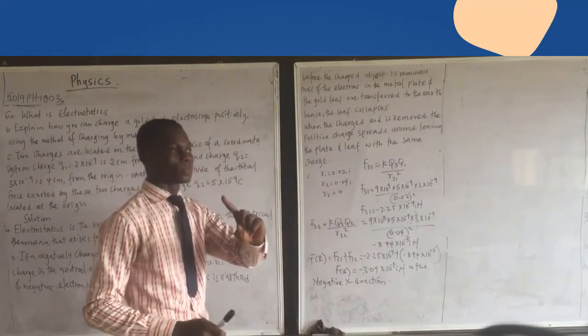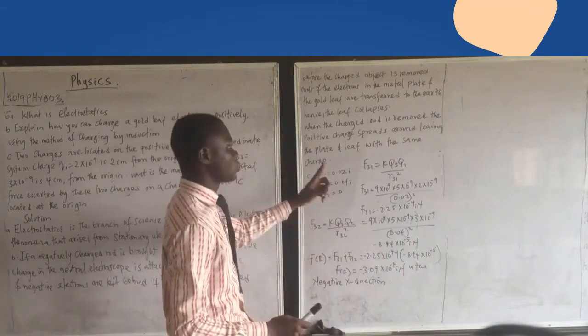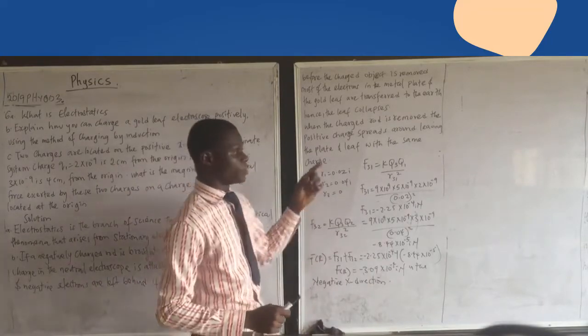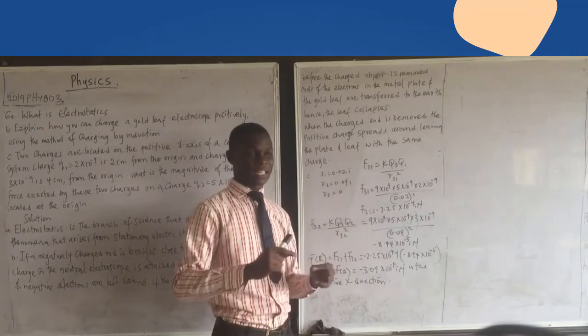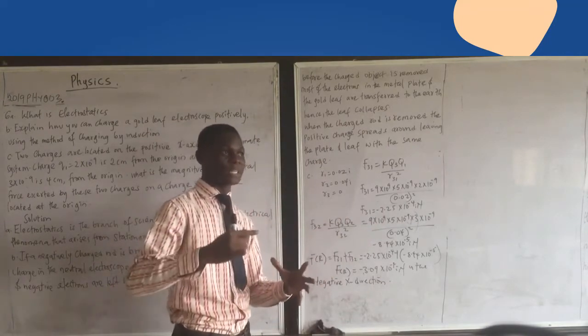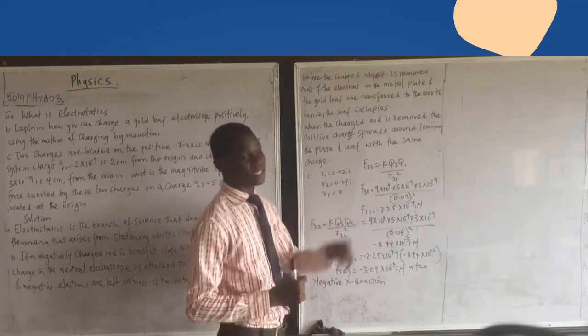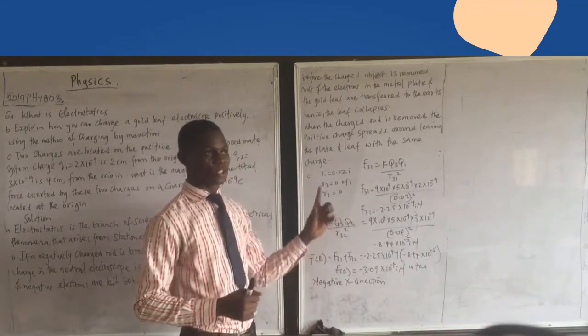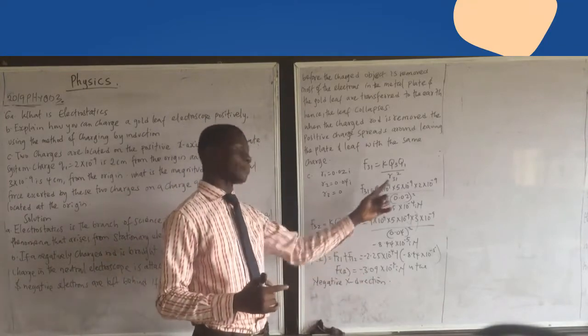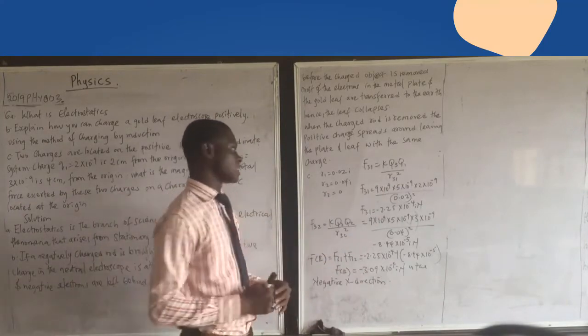Now remember your Coulomb's law, which says F is equal to KQ1Q2 over R squared. That is, the force is directly proportional to the product of the two charges and inversely proportional to the square of the distance separating them.